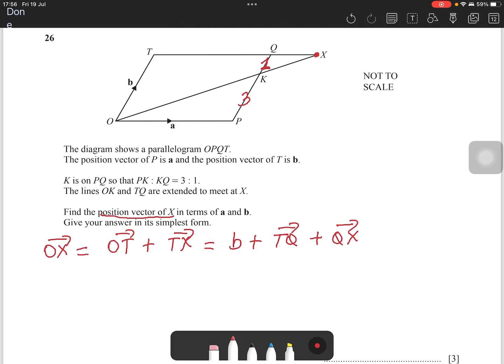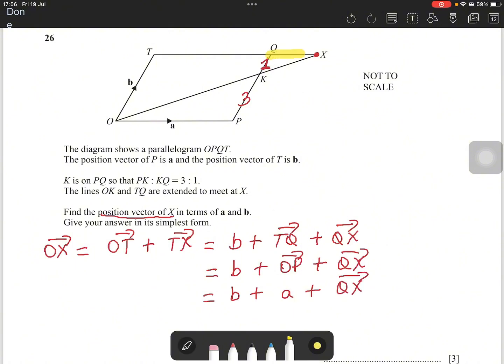The vector TQ is the same as the vector OP, because they are a parallelogram. So OP is A. And now we only need to find the vector QX.